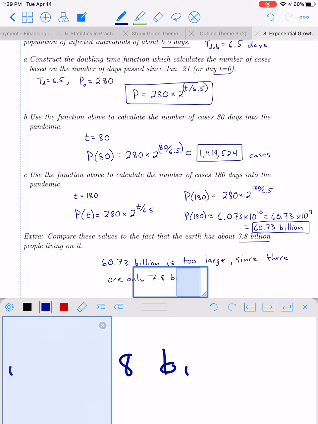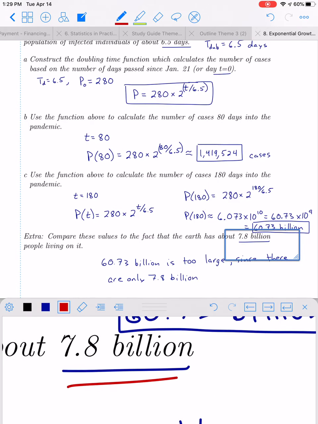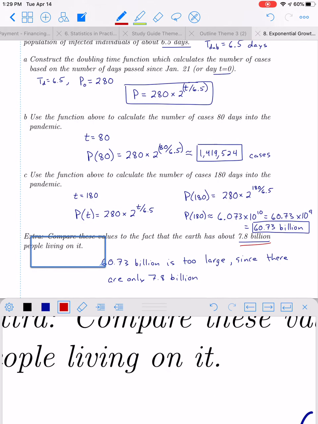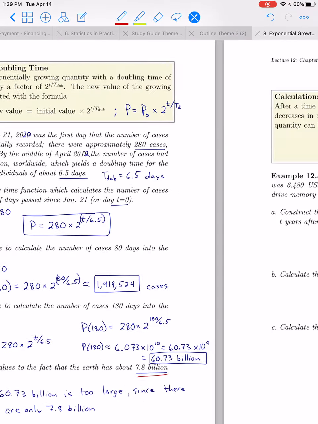But the conclusion we could make from this in terms of reality would be that at some point, if we're going to reach 60.73 billion, we would have reached 7.8 billion along the way. And when we would have done that, then that means that everybody would have been infected. There would have been nobody else to be infected, and the disease would have essentially completely won, I guess, in some sense. So that's our first doubling time model.